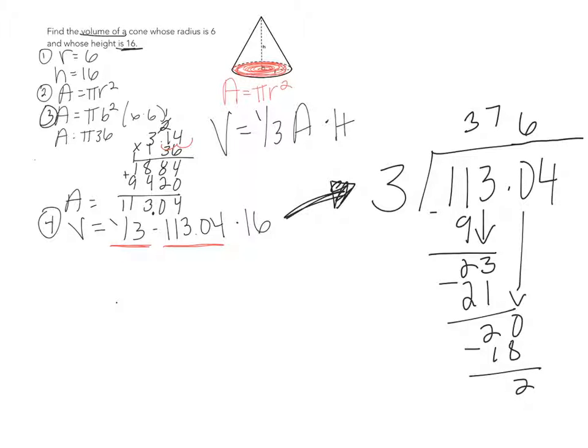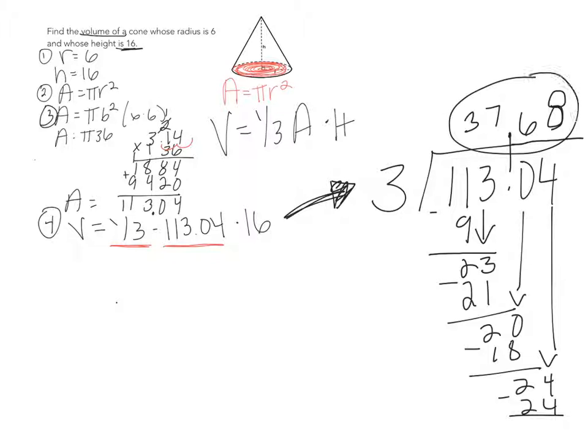Subtract, bring down a 2. Bring down the 4. And 3 goes into 24 8 times. There we go, 8 times. Evenly, no remainder. Bring up the decimal point. So 3 goes into 113 and 4/100ths 37.68 times.